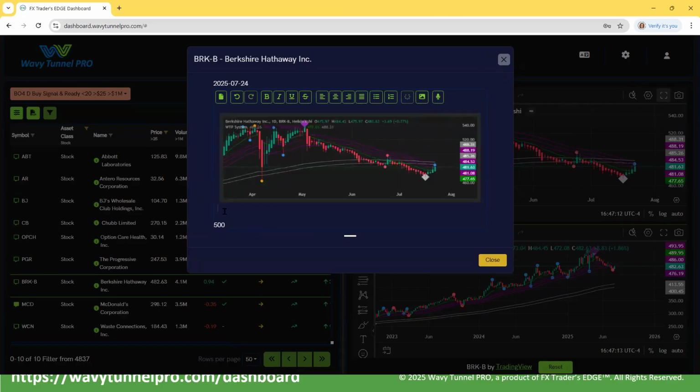And you can say whatever you want: breakout 4 triggered. Look for maybe a small pullback, I don't know, and move above the tunnel, the daily tunnel. I mean, I'm just making that up.